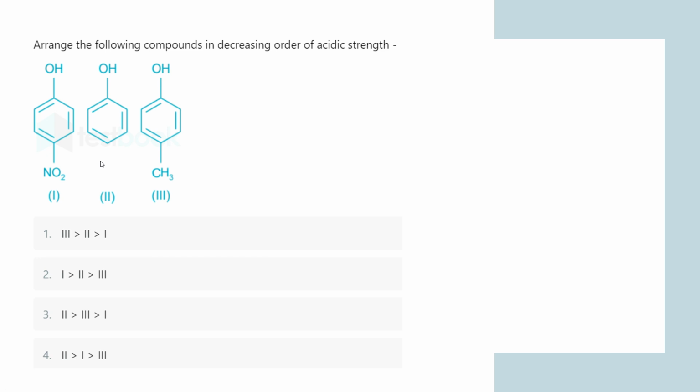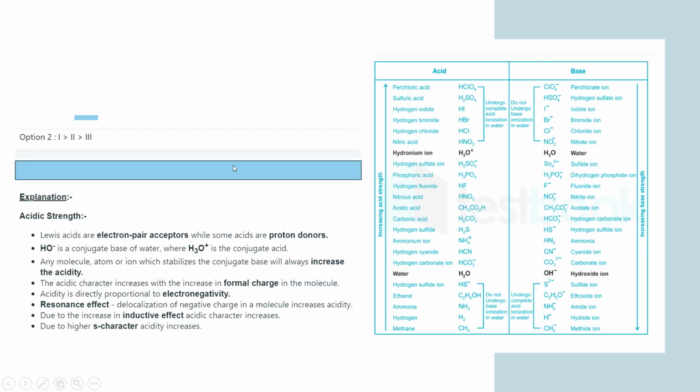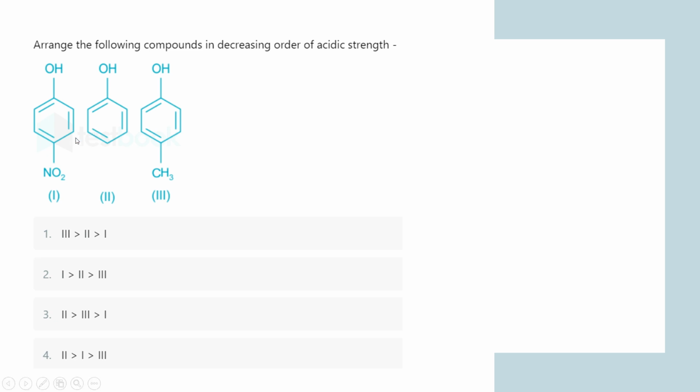Okay, now we have to look at the effect of nitro and methyl on the ring. Okay, so what happens in presence of nitro group, which is highly electron withdrawing, it is making the ring electron deficient.